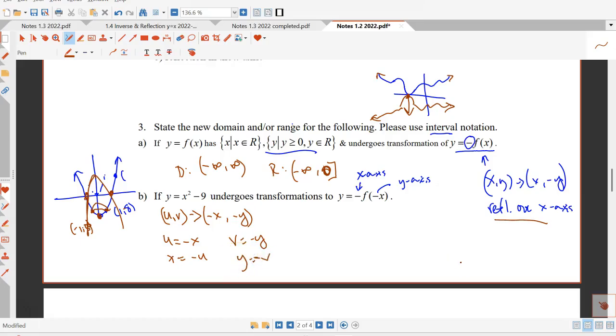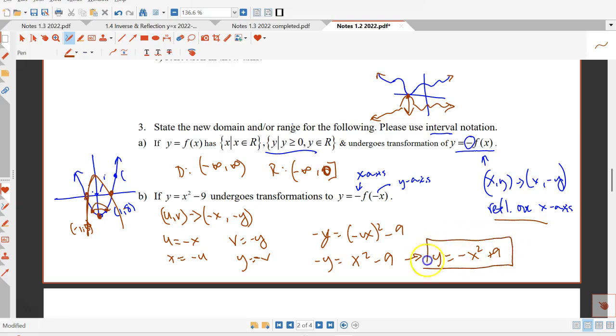And so when I substitute these values in, I get minus v, which is y, equal to minus u, which is x squared minus 9. This is minus y is equal to x squared minus 9, and then multiply by negative: y is negative x squared plus 9. This is the new transformed image.